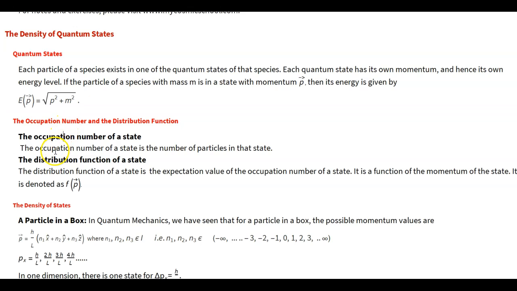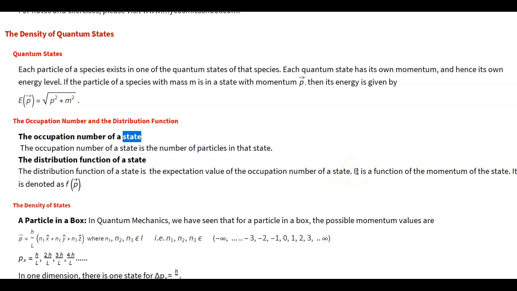Next, let us recap the definition of occupation number and the distribution function. The occupation number of a state is the number of particles in that state, and state means quantum state. The distribution function of a state is the expectation value of the occupation number of a state.